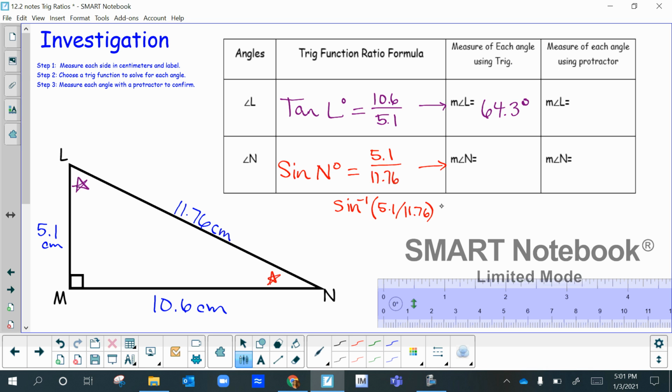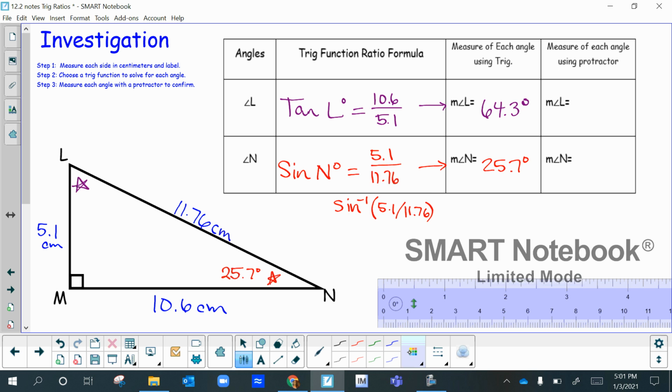It's about 0.43367, and then hit the inverse sine function. So that's about 25.7 degrees. Okay, let me just write it in the picture, and you can too. So this one was about 25.7 degrees.